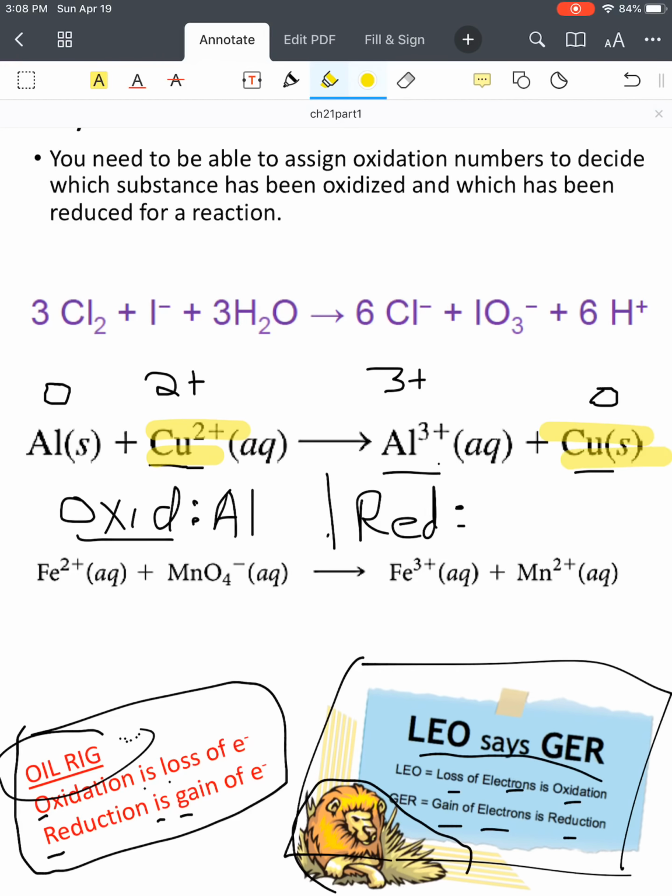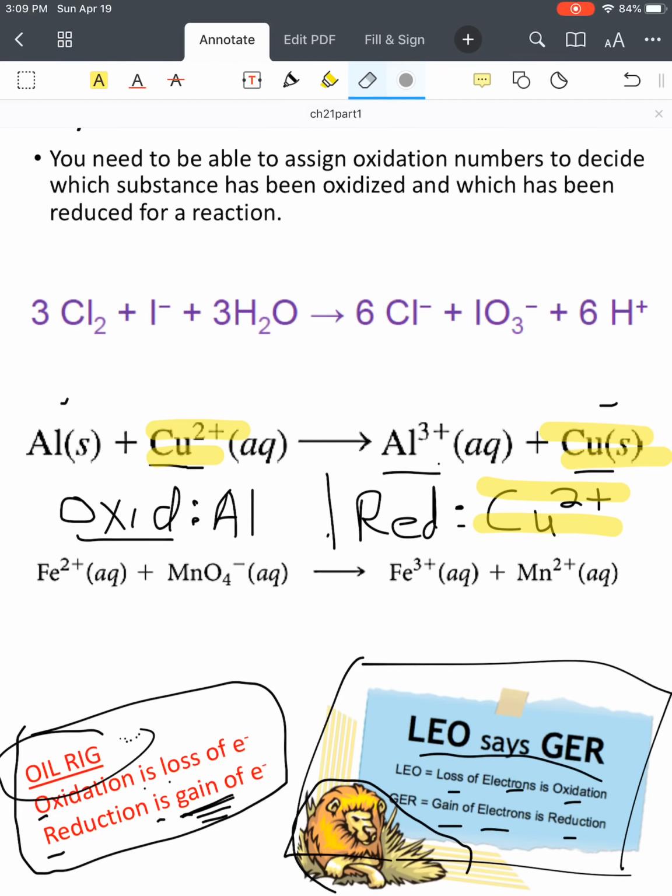The copper 2 plus has been reduced. Its oxidation number has dropped. And chemically, why is that? Because it gained electrons. So the aluminum gave up electrons or lost electrons, and the copper took those electrons and gained them. Oxidation and reduction, right? All right, simple enough.